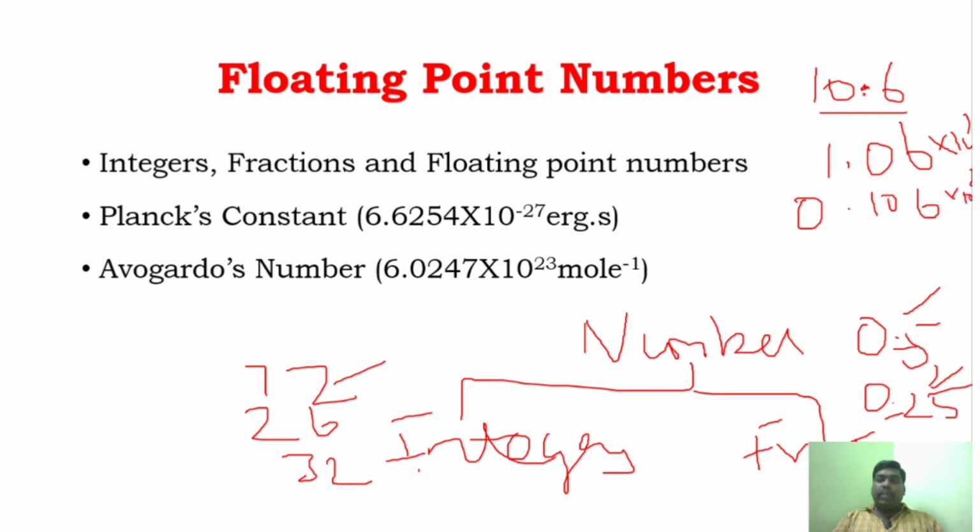That is, we can move this decimal point. So that is called as floating point numbers. Floating point is nothing but the decimal point or the radix point. We can move that radix point in any particular number. That is why it is called as floating point numbers.